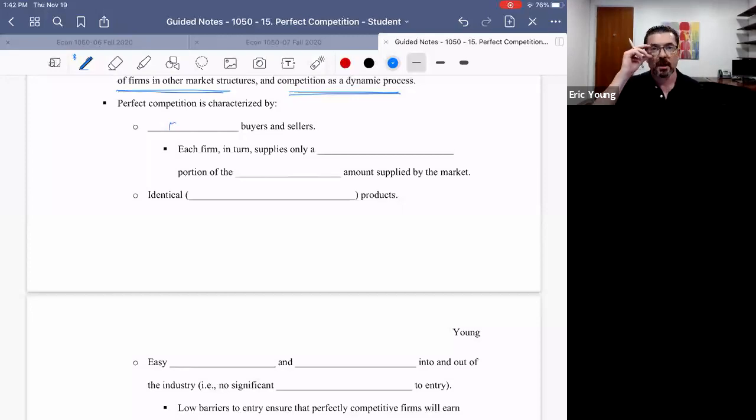In other words, when you have many sellers, it implies that no individual seller has any market power. Or seen differently, the decisions of one individual seller here will have no impact on the overall market. Because again, each seller, each firm, supplies only a small fraction.